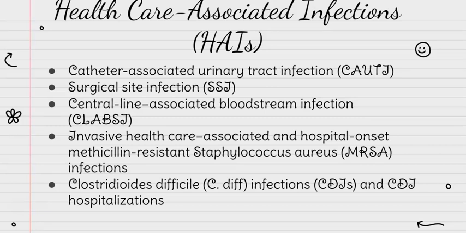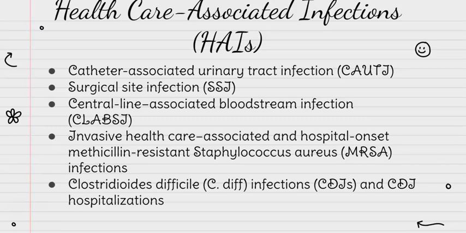Preventing HAIs in nursing includes hand hygiene, which is one of the biggest things. Nurses must consistently wash their hands before and after patient contact. Aseptic technique, using sterile techniques during procedures like inserting catheters, central lines, and dressing wounds to avoid introducing pathogens.